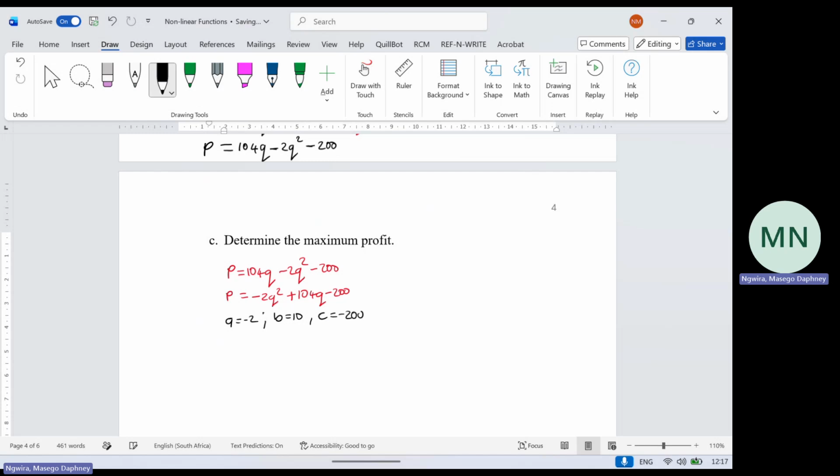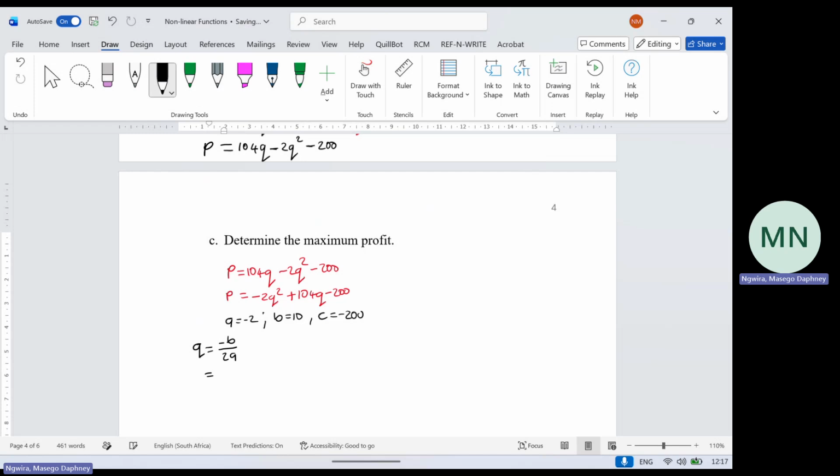All right. And then now we calculate the turning point first. Remember, to maximize, you need the turning point, the number of units, first before you can maximize. So I'm going to start with the number of units, which is Q. I'm going to calculate Q is equal to -B over 2A. Then I substitute.